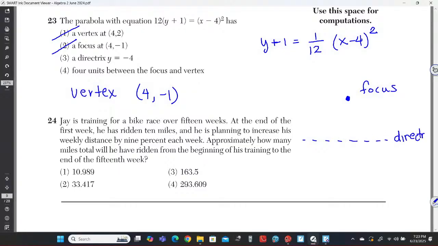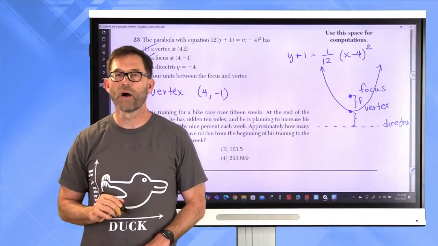In this case, it's a horizontal line called the directrix. And then I've got my vertex halfway between the two. And let's say this is a parabola that opens upwards like this. This distance between the focus and the vertex, also between the vertex and the directrix, I like to call f, the focal distance.